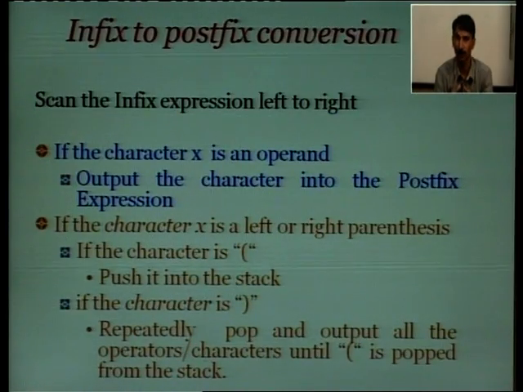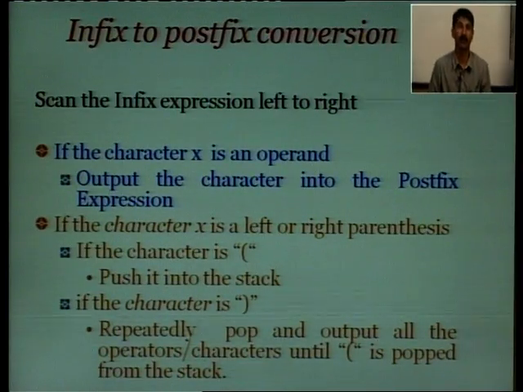Like if you want to add two numbers, I will simply write a plus b. It means the operator is within the two operands a and b. So, it is infix form. Postfix, that you might have read, is when you specify the operator after the operands. If I write the same expression a plus b as a b plus, that becomes a postfix form.